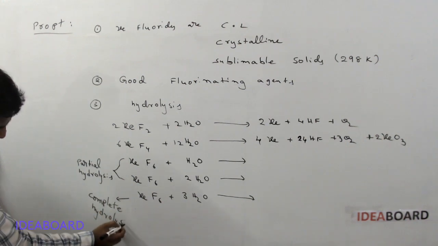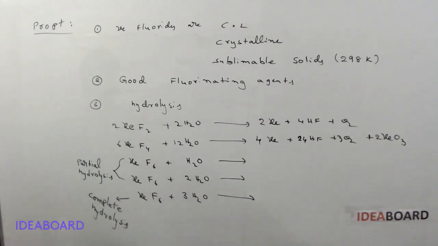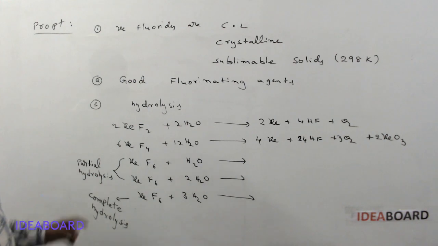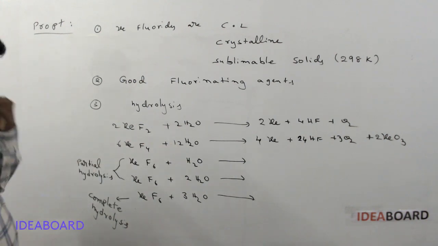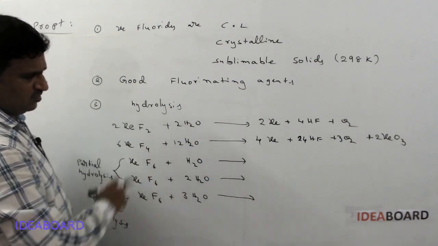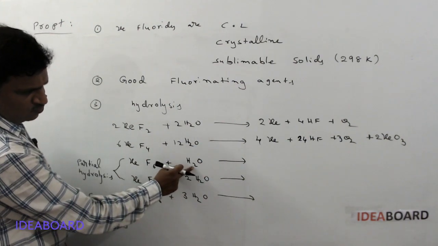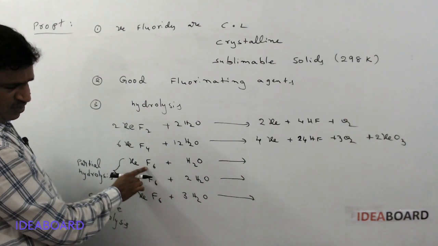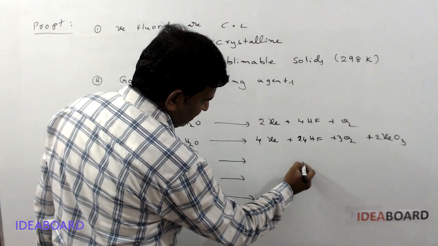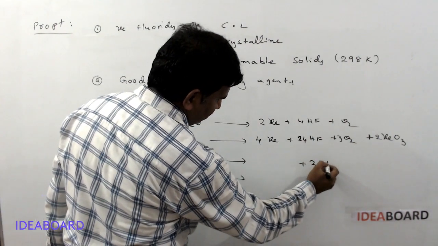So partial hydrolysis and complete hydrolysis. By the partial hydrolysis, what are the products? And by the complete hydrolysis, what are the products? First, please remember how to write the products easily. How many hydrogens do we have? 2. Here 6 fluorine atoms are there. 2 hydrogen plus 2 fluorine, you write it as 2HF.